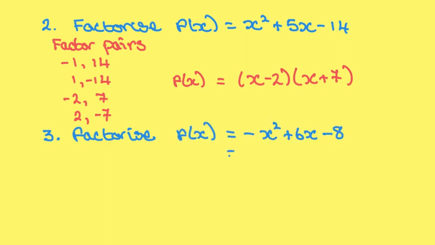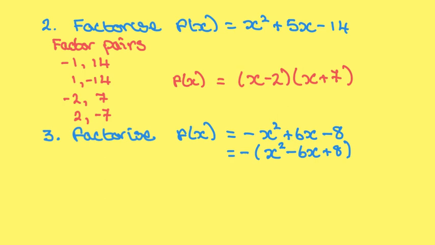So this is now equal to minus, put it in brackets, x squared minus 6x plus 8. So the first thing we need to do is to find our factor pairs that multiply together to make the integer term. Well, our integer term is now 8.